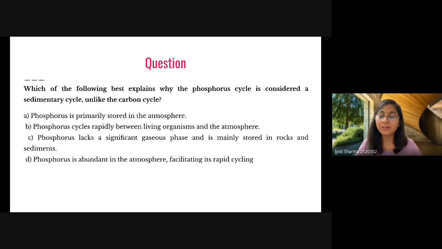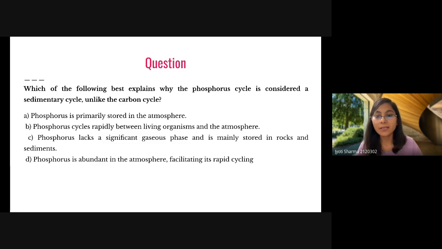So can you tell me the difference between the phosphorus cycle and the carbon cycle, and why the phosphorus cycle is considered a sedimentary cycle and the carbon cycle is considered a gaseous cycle? I gave you the hint. Now can you tell the difference between these two?